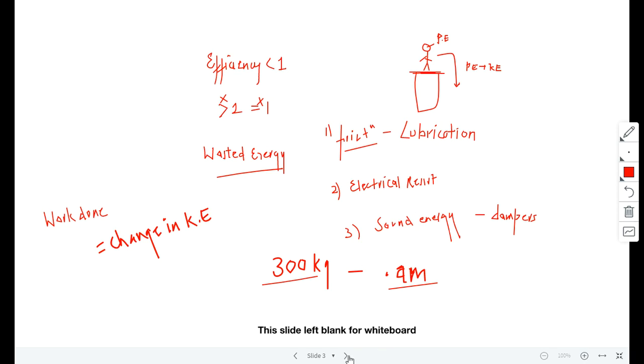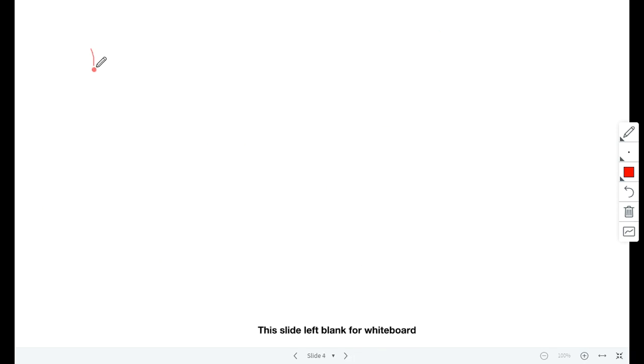You know, work done is actually force into distance, right? And force is equal to mass into acceleration. So if you are moving something in the horizontal direction on a surface, then work done is mass into acceleration into displacement.